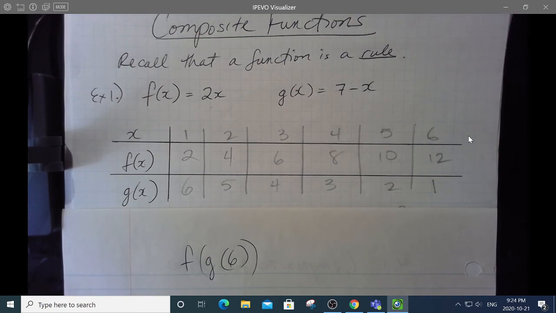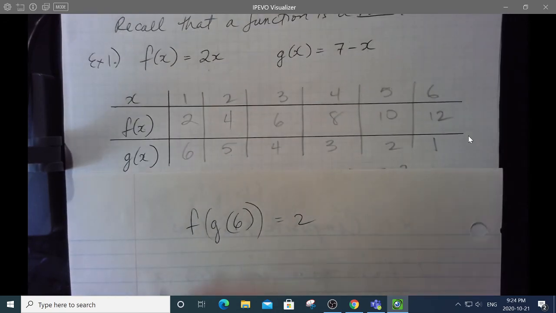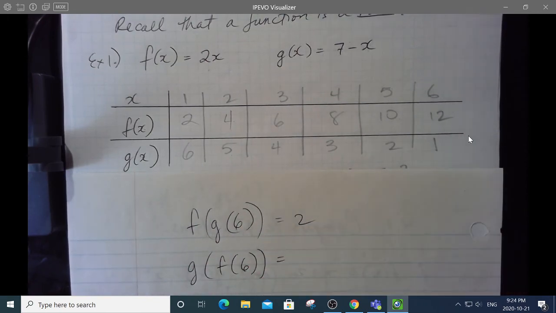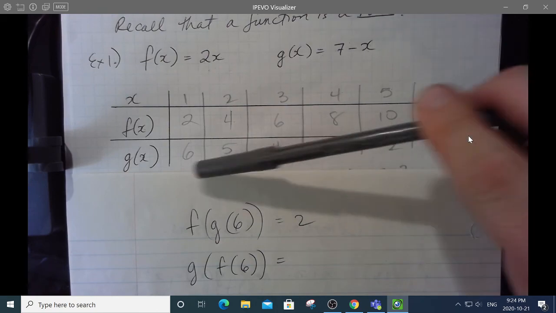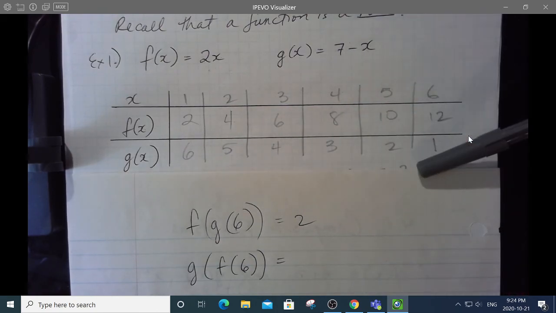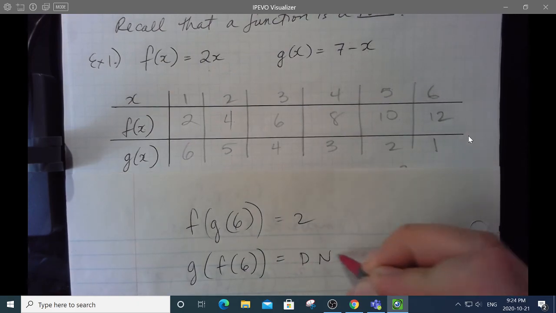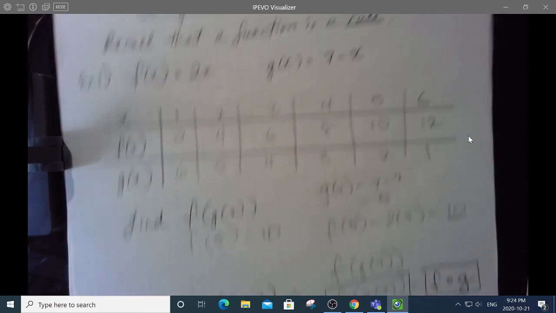Yeah, no problem. What if I asked you to find g of f of 6? Okay, f of 6 is 12, g of 12, wait a minute, 12 isn't part of g's domain. I have no idea what g of 12 is. I have to ignore the actual equations and just look at the domain in front of me and say, nope, does not exist.